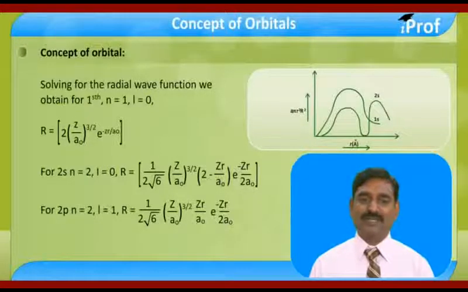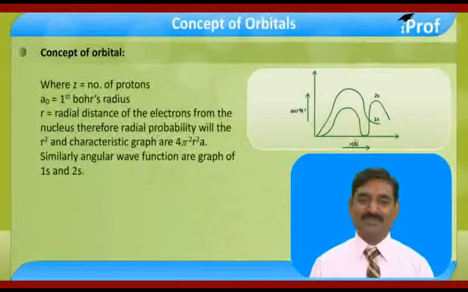For 2p, n is equal to 2, l is equal to 1, R is equal to 1 by 2 under root 6 (Z upon a naught) power 3 by 2 (Zr upon a naught) e power minus Zr upon 2 a naught, where Z is the number of protons, a naught is the first Bohr radius, and r is the radial distance of the electron from the nucleus.